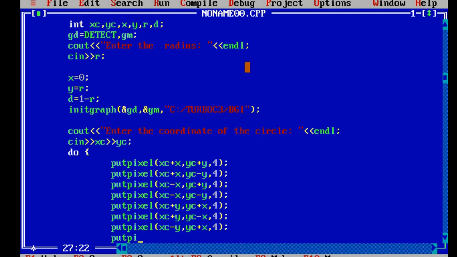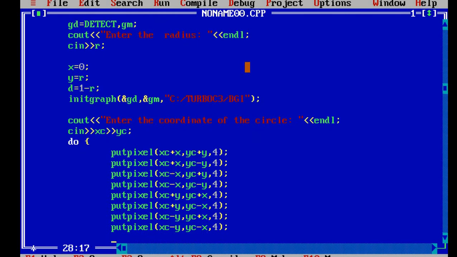Putpixel xc minus y, comma yc minus x, comma 4.